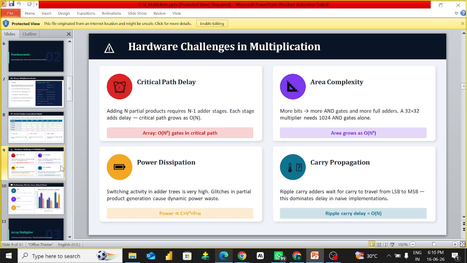So you're going to propagate that carry that you have generated. That time the delay is going to come, okay? Second challenge, area. Area complexity means more bits require more gates, right? And more adders and more wires. So that's why more complexity.